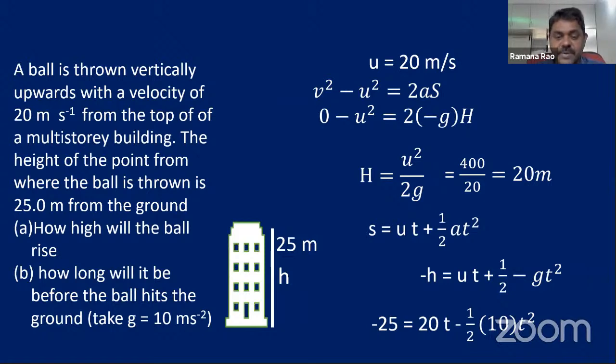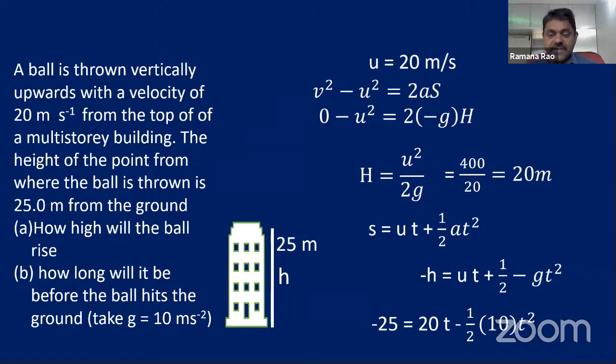Substitute u as positive because the body is moving in upward direction, and a is minus g. Already you know h is 25, u is 20, and g is 10, as given in the problem. Students, I am giving you some work. This is a quadratic equation, and you are already familiar with solving quadratic equations. From this we can find time.